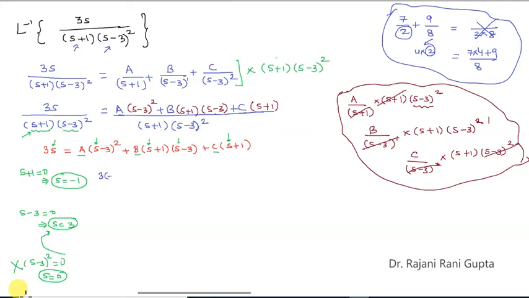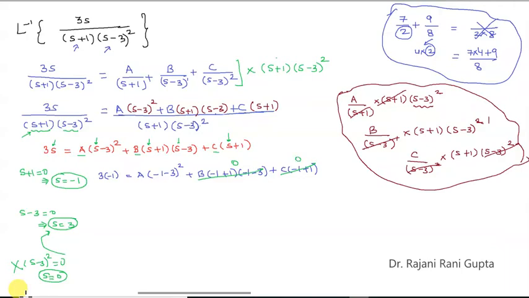So it is 3 times minus 1 equals A times (minus 1 minus 3) power 2 plus B times (minus 1 plus 1)(minus 1 minus 3) plus C times (minus 1 plus 1). Now see, minus 1 plus 1 becomes 0, so this whole term cancels.